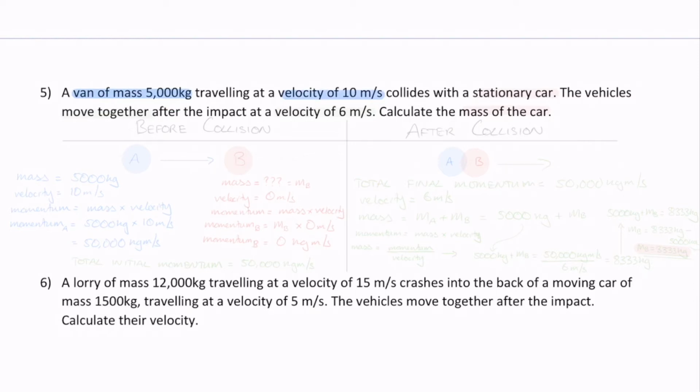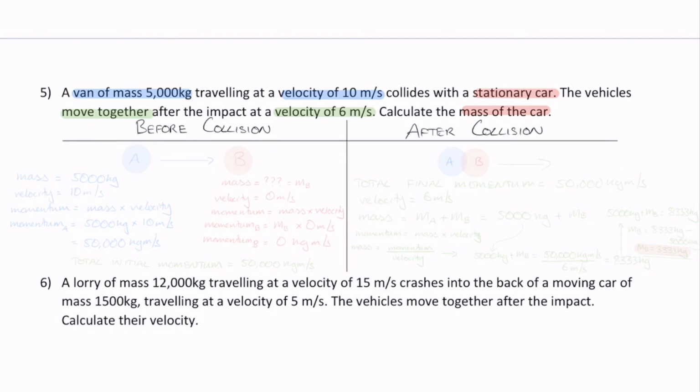The van collides with a stationary car. Let's call that object B. Stationary means it has no velocity. And the vehicles move together after impact. They move together, very important, at a velocity of 6 meters per second. Again, very important. Calculate the mass of the car.